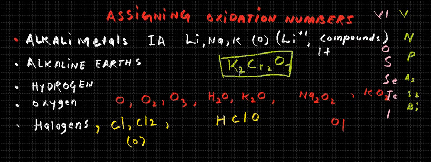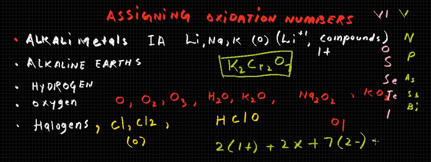Alkali metals have positive 1, so we have 2 atoms of potassium, that will be 2 into plus 1, plus we have 2 atoms of chromium and we do not know, so we will write x unknown, and we have 7 atoms of oxygen, and oxygen has a -2 oxidation number in its compounds. And the sum of these must be 0 because there is no charge on potassium dichromate.